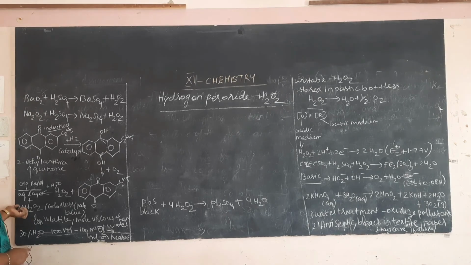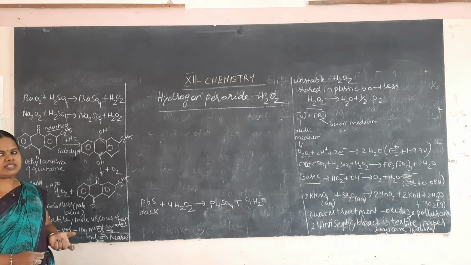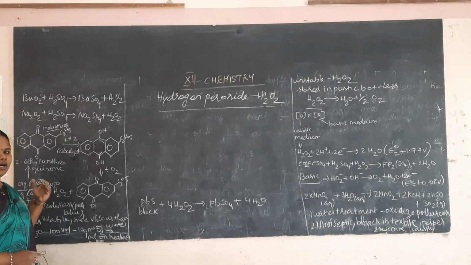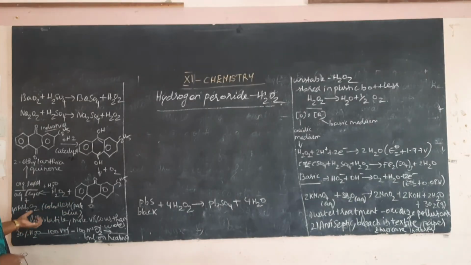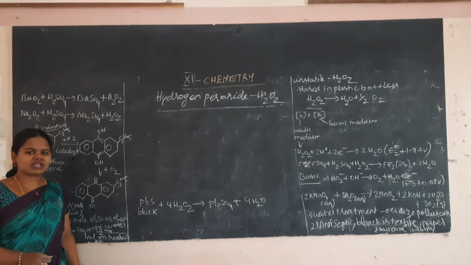Then what are the properties of hydrogen peroxide? It is a colorless liquid, but appears pale blue in color. It is less volatile and more viscous than water.